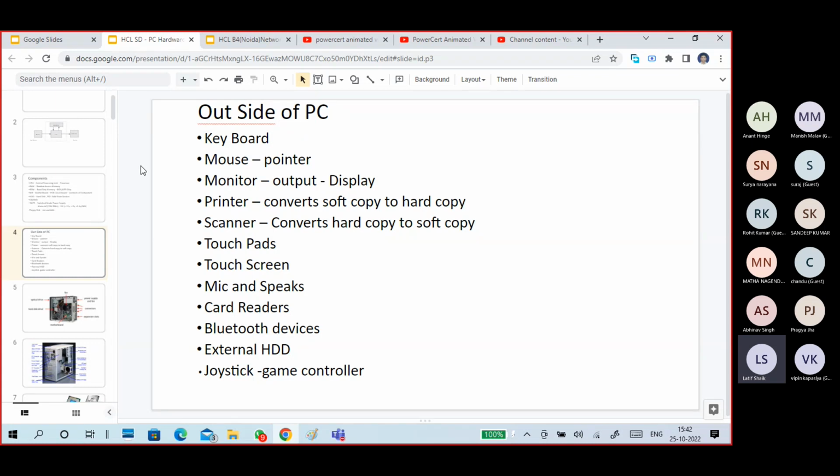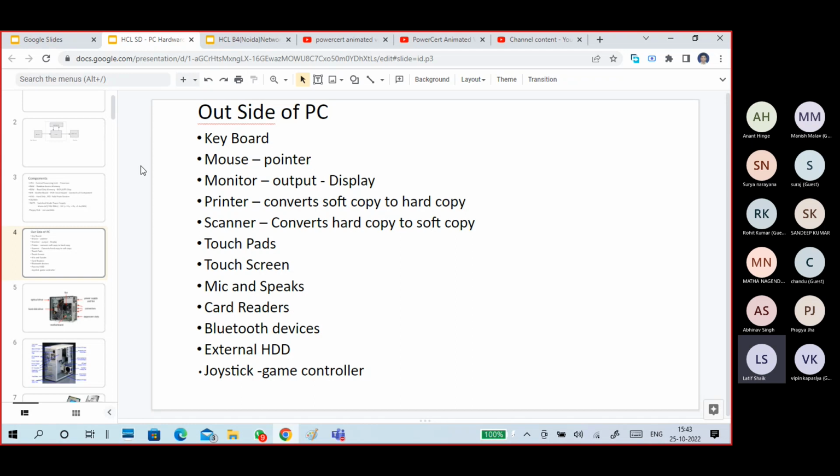Data in your system is called a soft copy, and once you take a printout, the data on the paper is called a hard copy. A scanner converts hard copy: for example, you have a document or a picture, you scan it and store it in your system, that is called a soft copy. So that is printers and scanners.